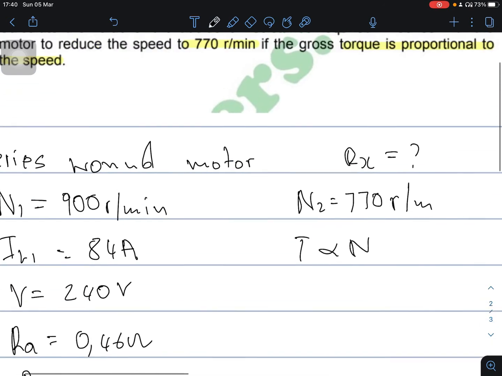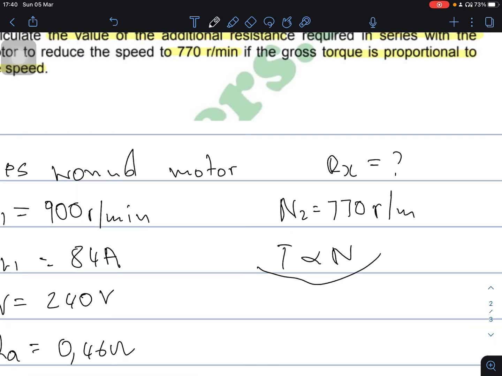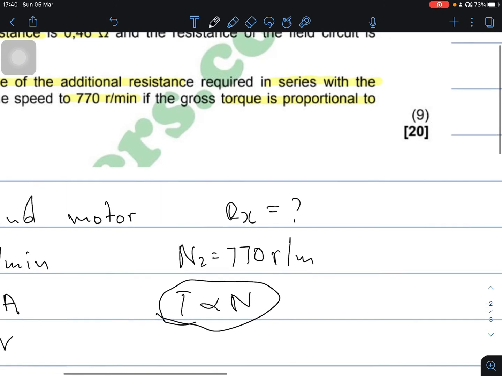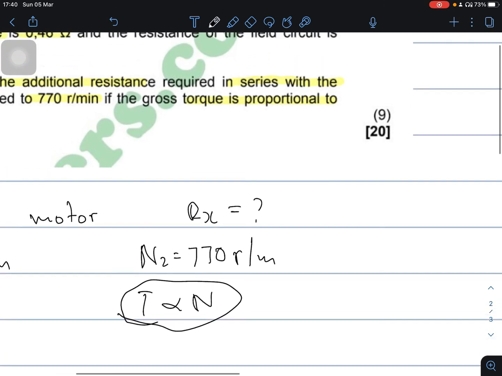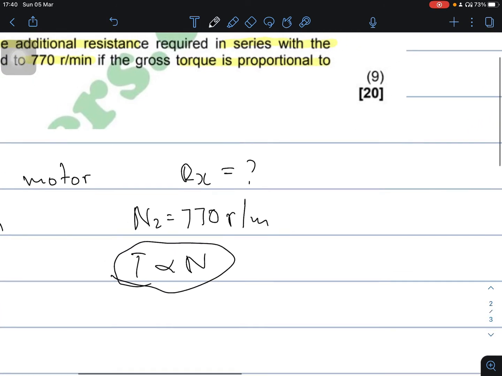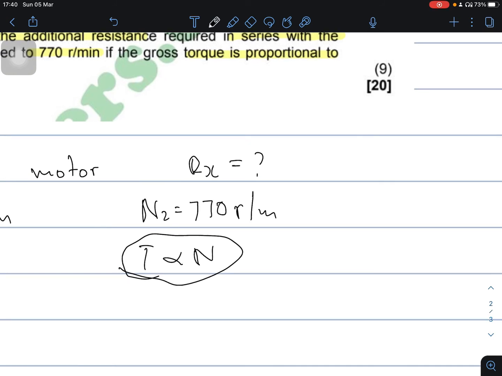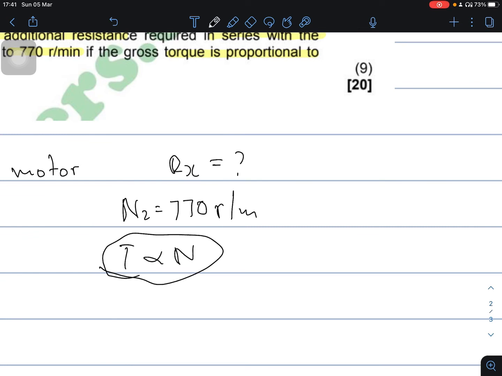We were told that the torque is proportional to the speed, meaning if the speed increases by some amount, the torque will also increase by that amount, and if it reduces, the torque will also reduce by that amount. What we can do is calculate the percentage torque, to see how much it dropped.